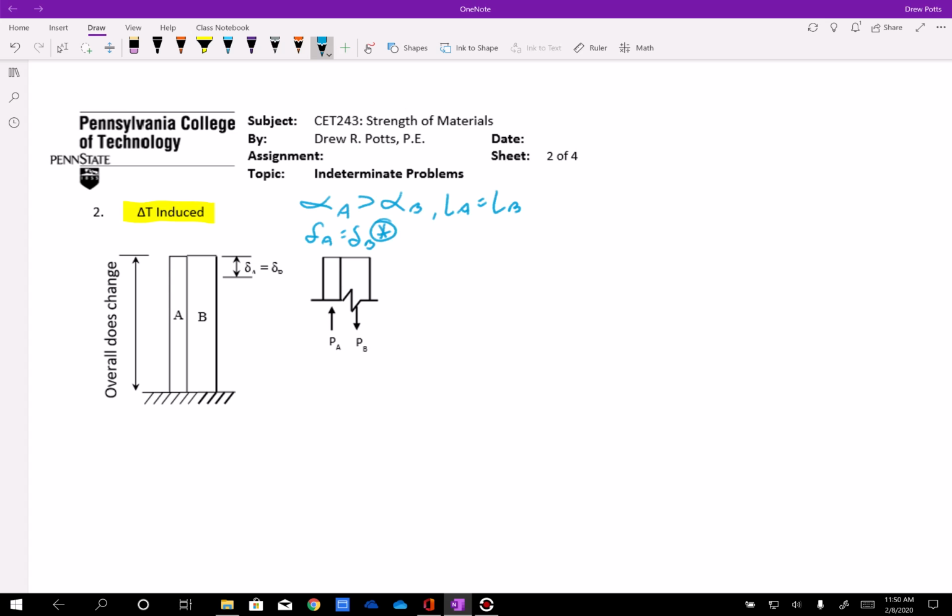This process will help you understand the behavior of the material and then how to relate it to the next topic where we add a concentrated load to the system.